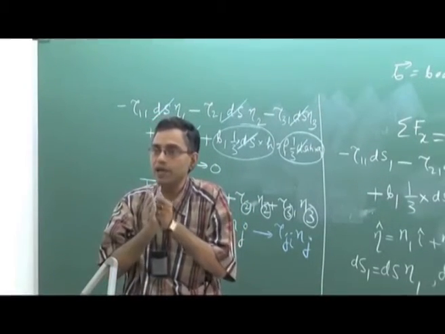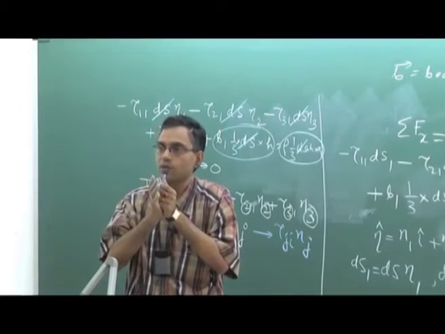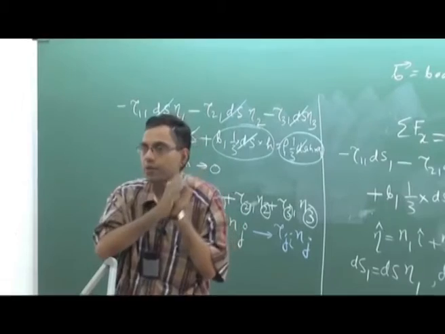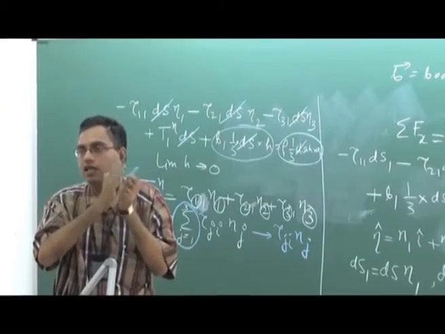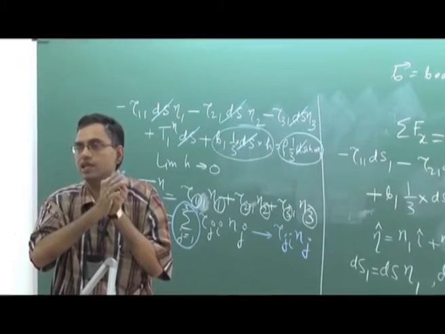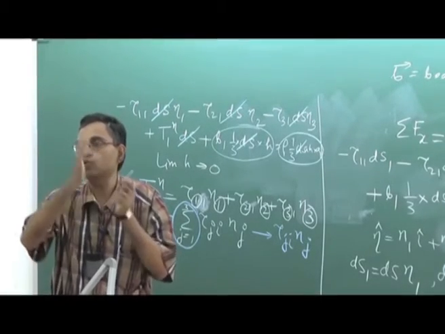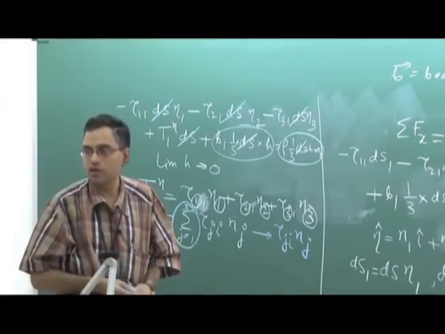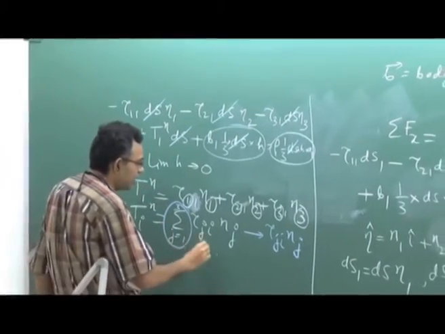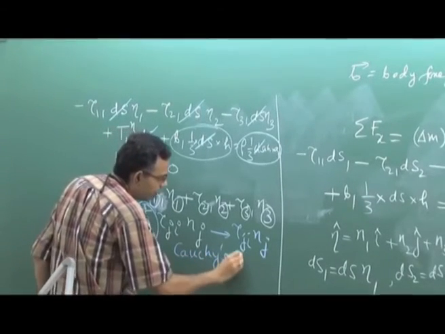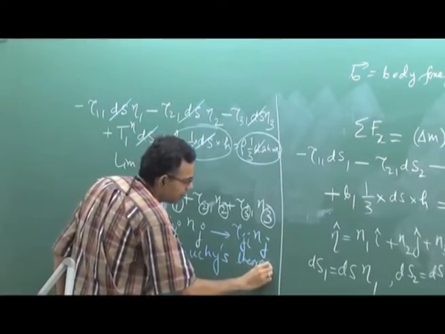So, you can represent the surface force on any arbitrarily oriented surface in terms of the stress tensor components which are specific to surfaces having normal either along x1 or along x2 or along x3. This in continuum mechanics is known as Cauchy's theorem, one of the very fundamental theorems.